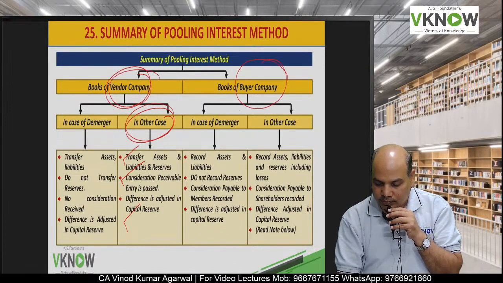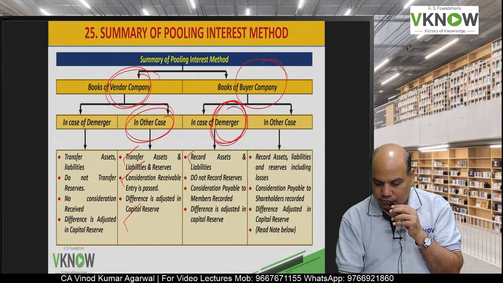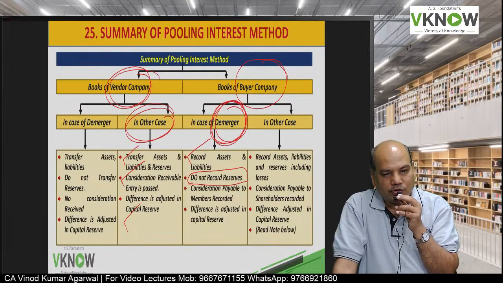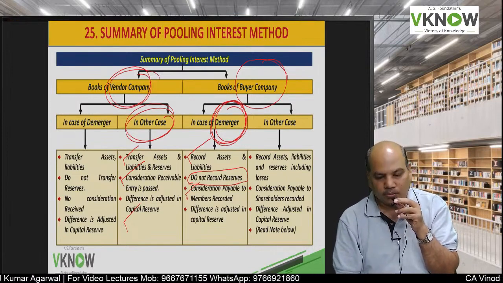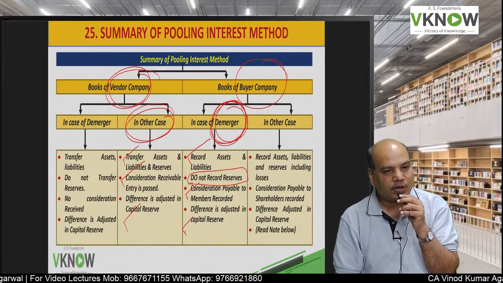What about the buyer? If it is a case of demerger in a common control transaction, they will record assets and liabilities, but they will not record reserve because a division does not have reserve on its own. Consideration payable to members will be recorded. Any difference will be adjusted in capital reserve.